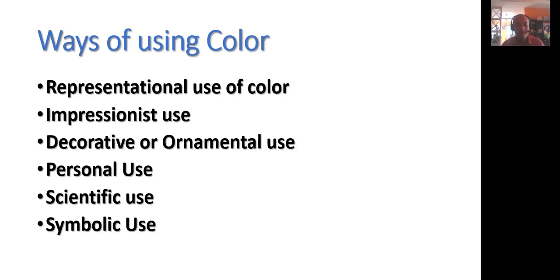Then we also have personal use, where you use color for your own personal purposes. I remember a friend who uses different colors to underline verses in the Bible to make it easier for her to find verses. For example, when she wants to look for verses that talk about the death of Christ or the blood of Jesus Christ, she would use a red ball pen to underline the verses.